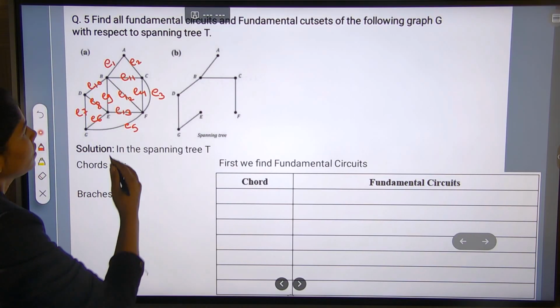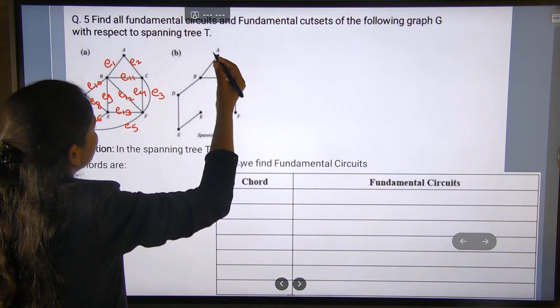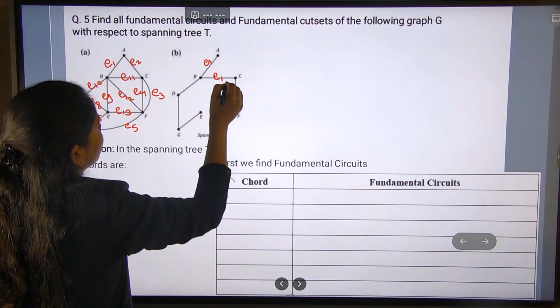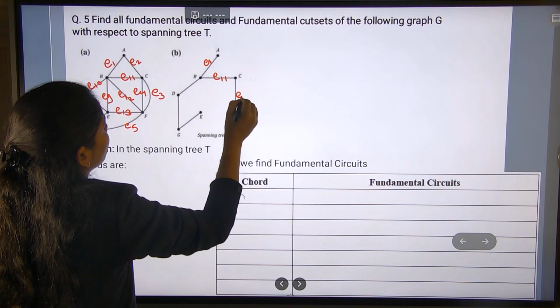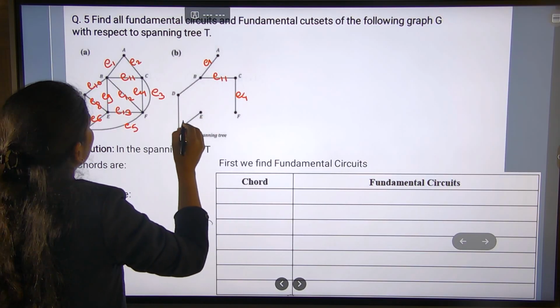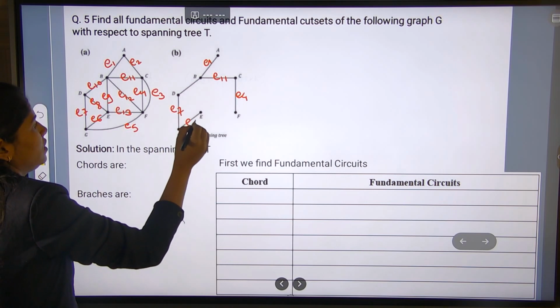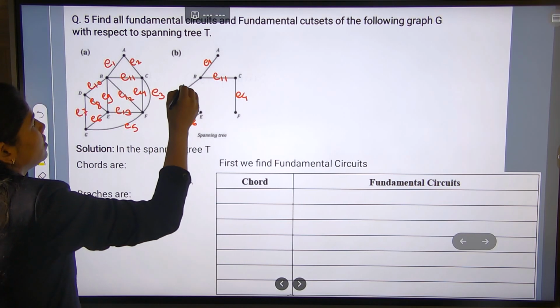Okay, write down the respective edges in the spanning tree also. E1, this is E11, this is E4, then this is E7, next this is E6, this is E10.